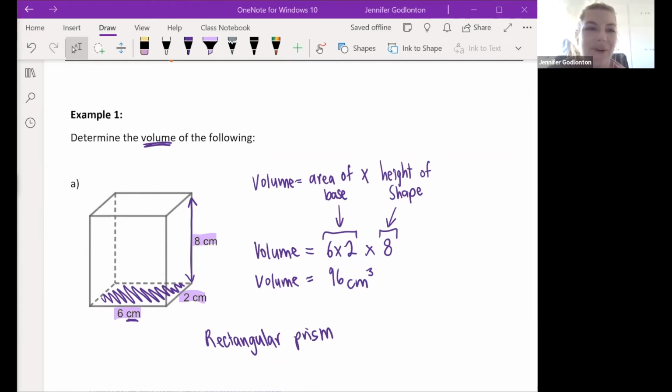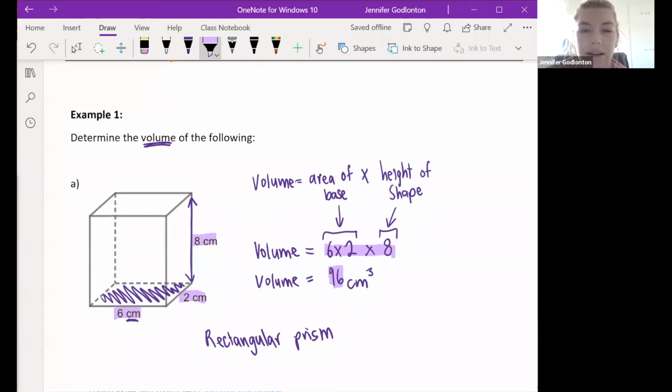Lolita, how can I help? Hey ma'am. Hi. Ma'am, I don't understand why it's 96 centimeters cubed. So the 96 is just coming from multiplying these together. All we did is we said 6 times 2 times 8, and that gives me that 96.